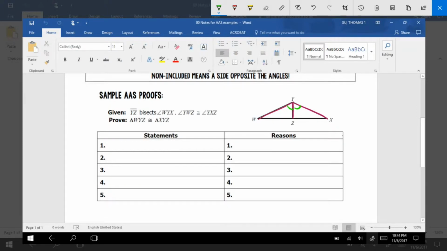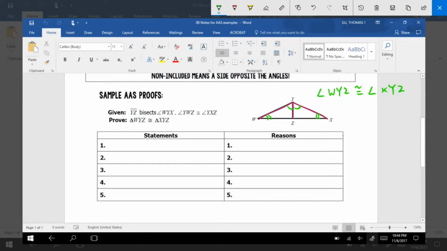So we can go ahead and write angle WYZ is congruent to angle XYZ because that's what bisects means, right? Bisect is to cut in half perfectly with no mistake. 50-50. Okay, anyways. All right, and then it tells us that angle YWZ, that's right here, is congruent to angle YXZ, that's right here.